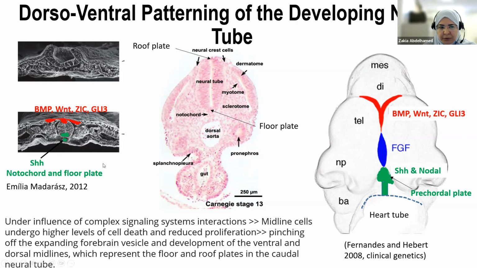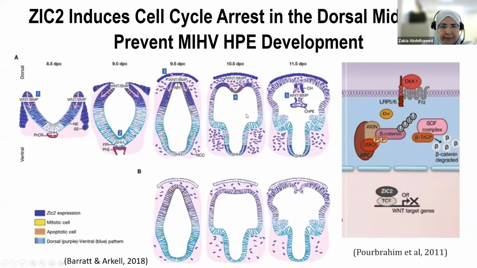This is the only difference between the caudal and the cranial neural tube. And here at the back we have BMP, ZIC and Wnt, similar to what we have in the caudal neural tube. So we need to form the ventral and dorsal midline to be able to divide the forebrain into right and left cerebral hemispheres. So what happens in the ZIC2 mutant?